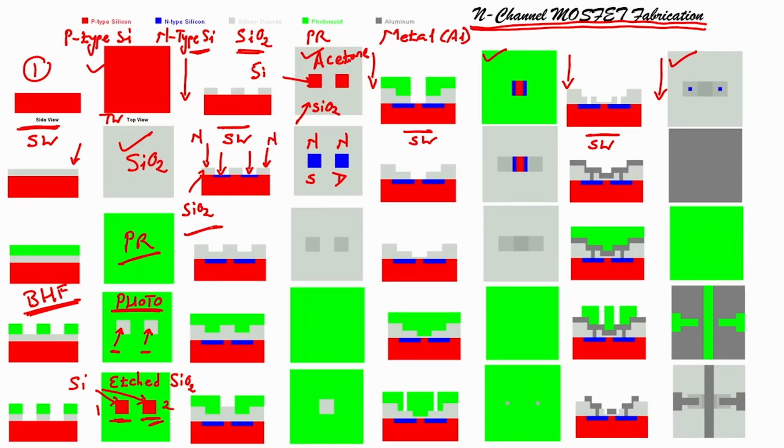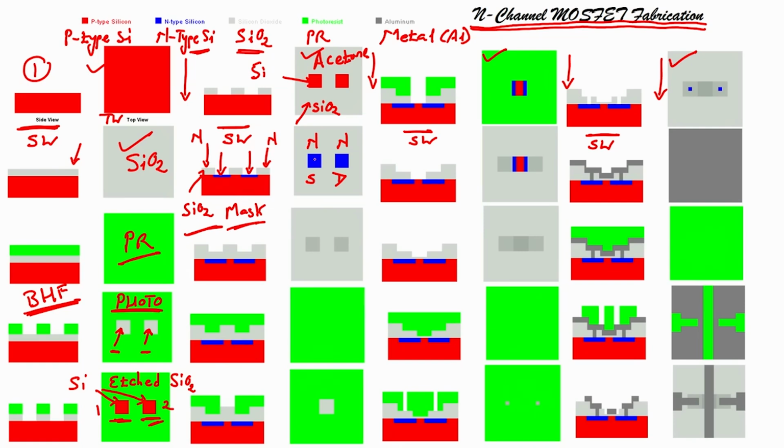The n type dopant cannot penetrate through SiO2, through silicon dioxide, and that is why we can say that silicon dioxide acts as a protective mask, so that the dopant would not diffuse, but the dopant can diffuse in the window.